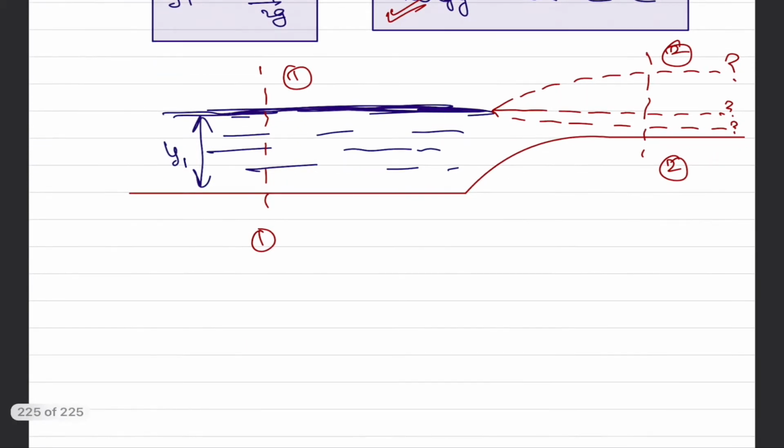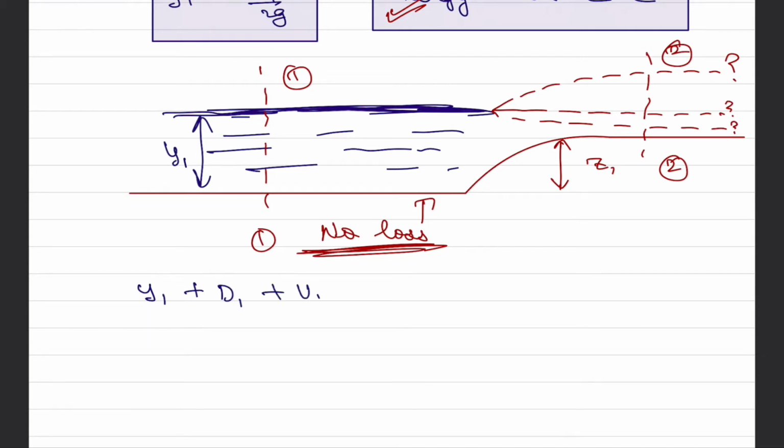Now you can clearly see that if there is some change in height z1, and if we assume no loss has happened, this is a totally frictionless surface, we can write at section 1-1 that the left hand side of Bernoulli's equation would look like y1 plus d1 plus v1 square by 2g, where d1 is the elevation of this bed with respect to some standard datum.